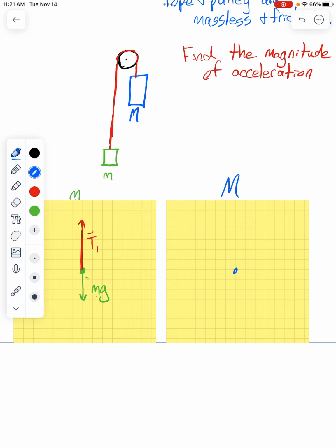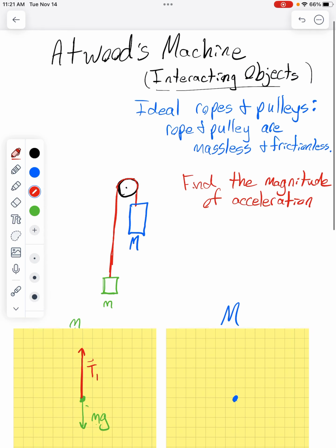Over here, we've got our forces. Let's go ahead and draw the tension first, because we know when we have an ideal rope and pulley, where the rope and pulley are massless and frictionless, the tension has the same magnitude everywhere.